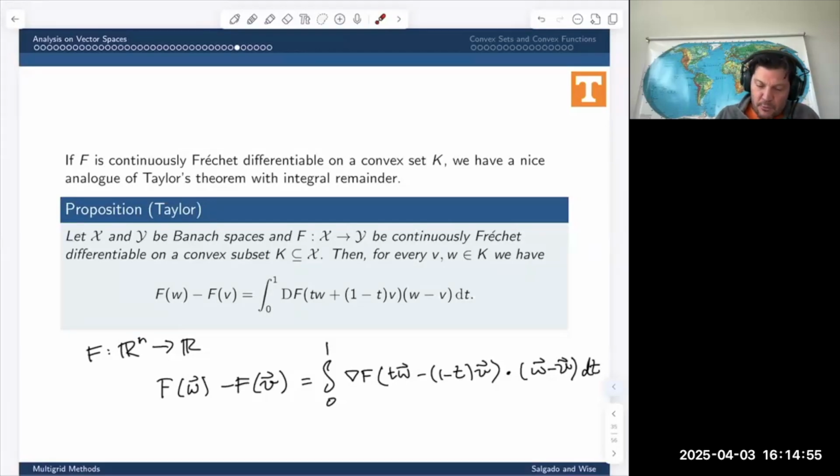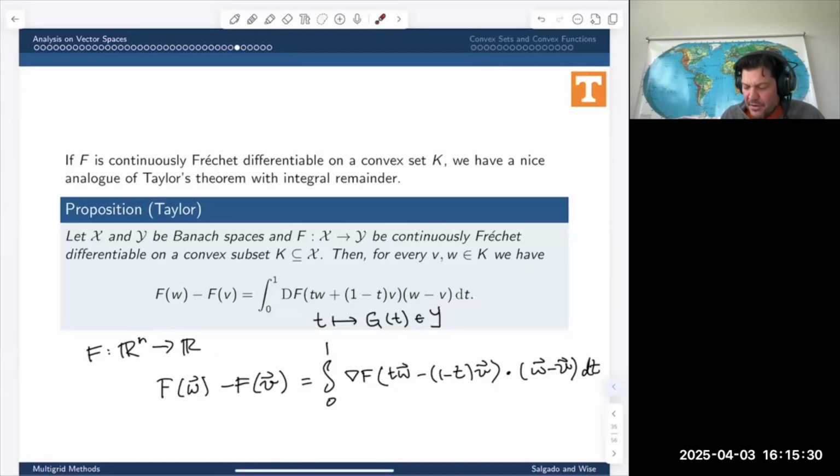So this integrand we could write as something that takes a real value t and maps it to g of t, which is in the Banach space Y. That's weird because, okay, t being real valued, that's fine, we can deal with that. But how do we integrate something which is Banach space valued?